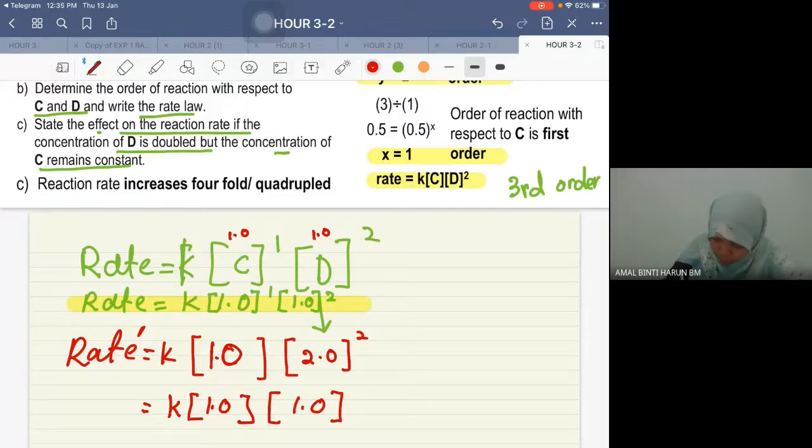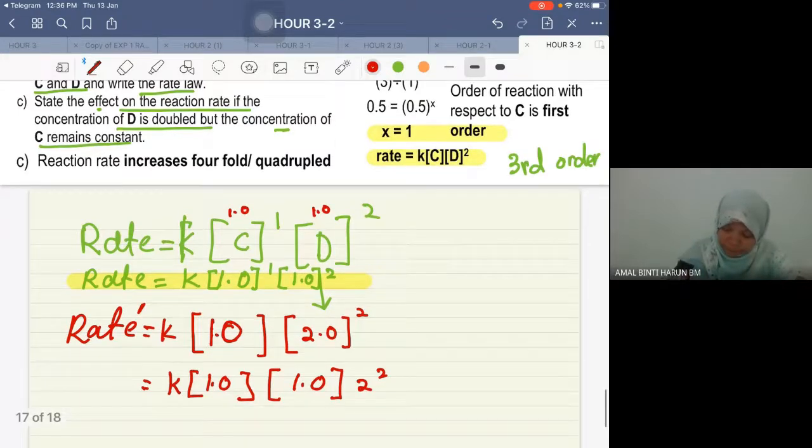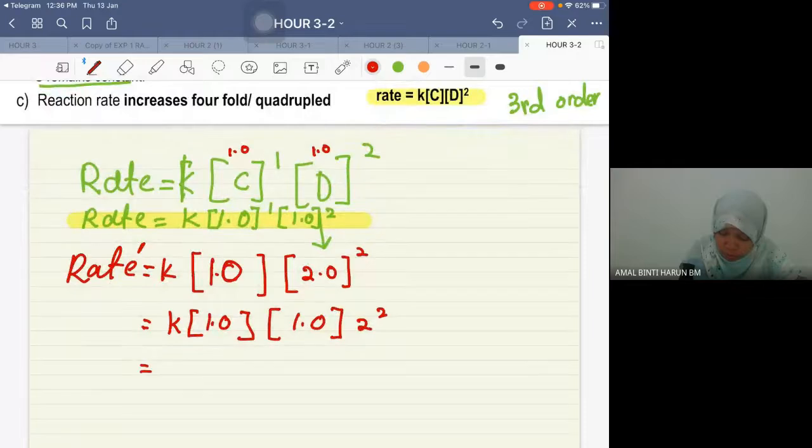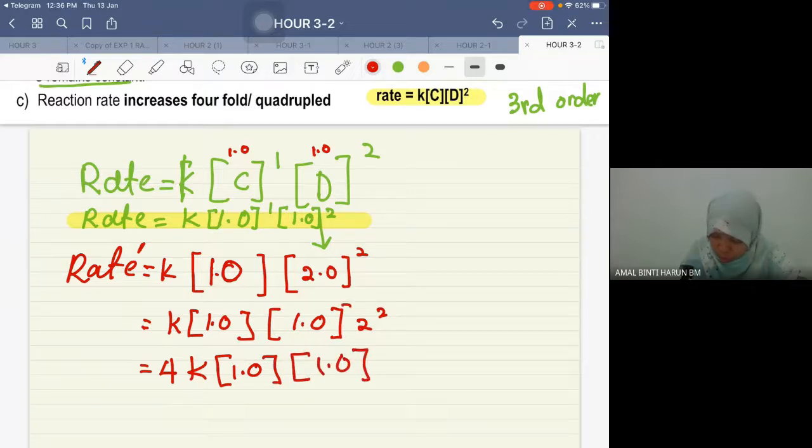Yang kita keluarkan ni 2 kan? 2 square betul tak? Okay. So dia jadi 4K 1.0 power of 2. Okay, dapat second equation.